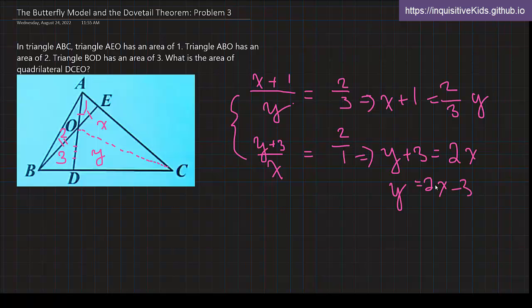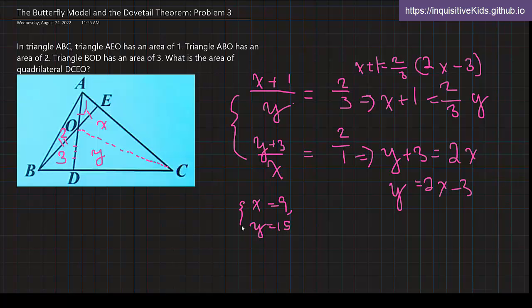So if we substitute that into the first equation, x plus 1 is equal to 2/3 of 2x minus 3. Well, you keep trying to eliminate the variables and then substitute it back in. And then our final solution should be x is equal to 9 and y is equal to 15.